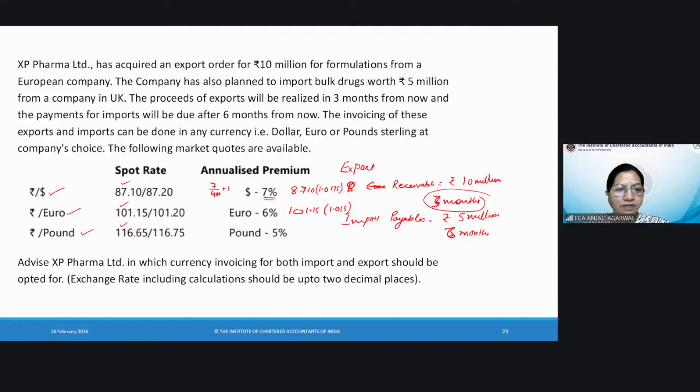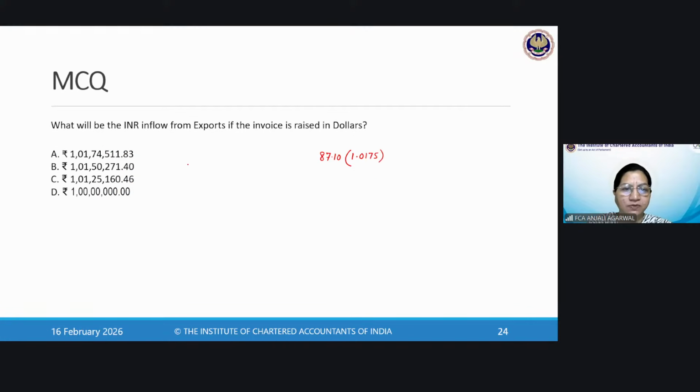After using the bid rates, you will apply the premium as forward rate interest to find out the forward rates, and convert it into rupees: dollars converted into rupees, euros converted into rupees, and pounds converted into rupees. So in three steps, you will do the question. First, 10 million will be converted into dollars to find the invoice value at today's spot rate.